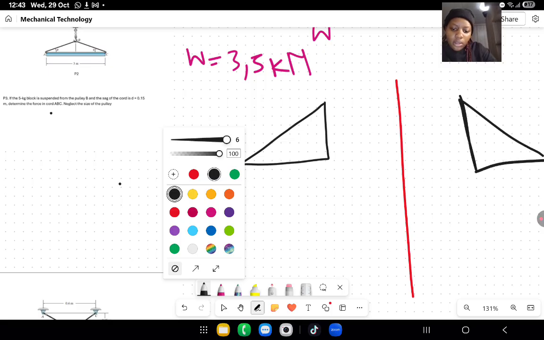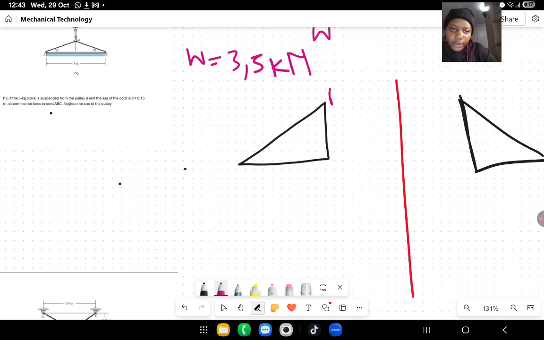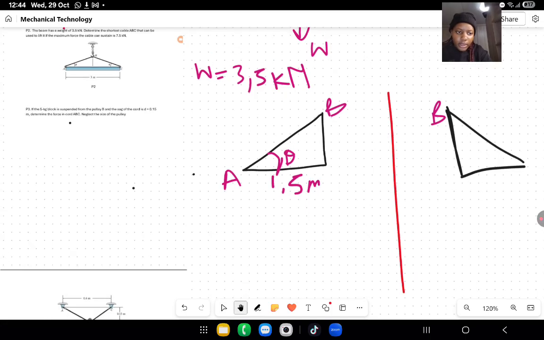Here is our B, and also here is our B. Then we have A here. The distance here is 3, so divide 3 by 2 to get 1.5 meters. Then we have our unknown angle theta here.